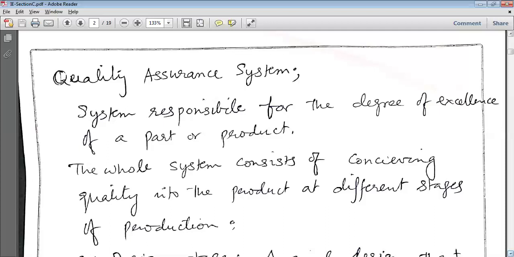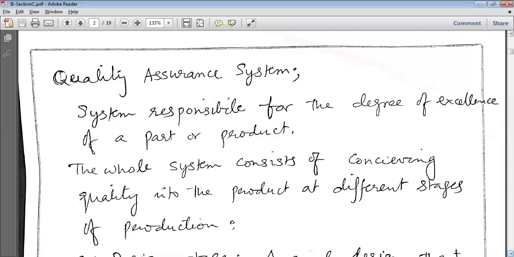So in the American education system, at the time of education, they ensure that the student under the subject of education must be able to deliver excellence in life once he has passed out. That is quality assurance system.